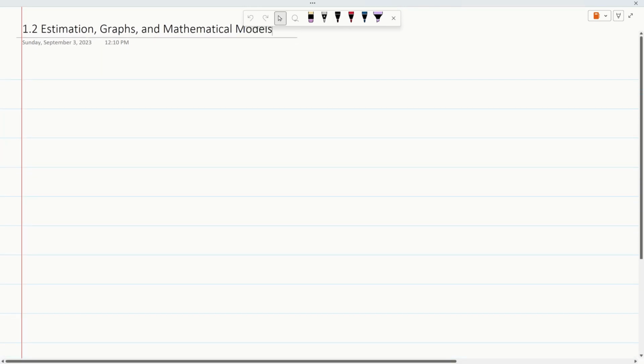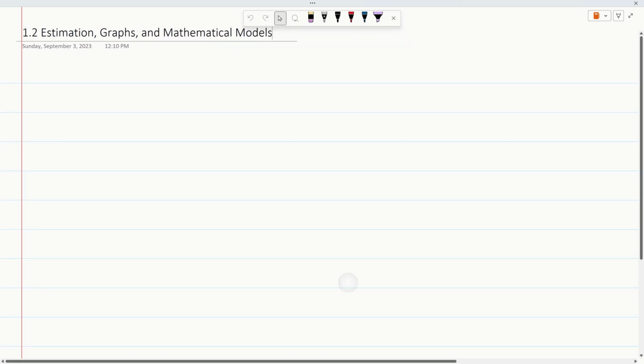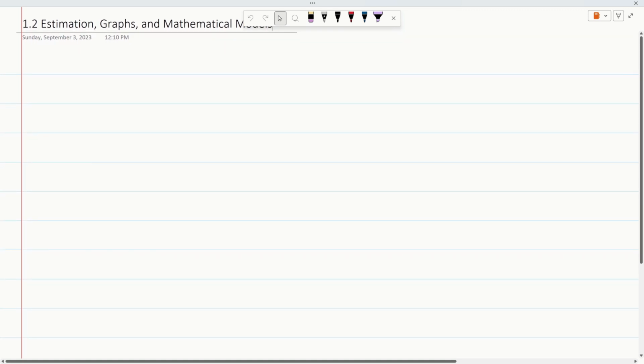Okay, in section 2, we're going to be talking about estimation, graphs, and mathematical models. So let's just knock these out one at a time. So first, estimation.